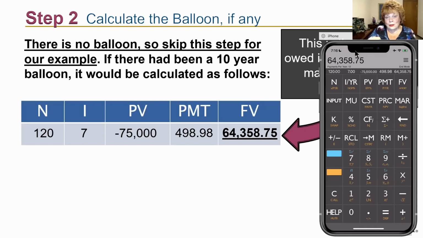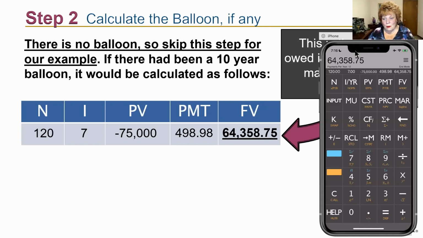When you calculate this balloon amount, by definition, it means that this is the amount that is remaining upon making that 120th payment, upon making the last payment. So if they were actually going to pay this off, they would pay the $64,358 plus $498.98. Okay, so it's important to recognize that.